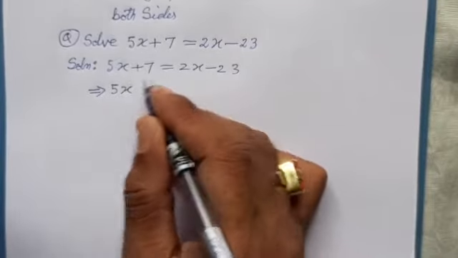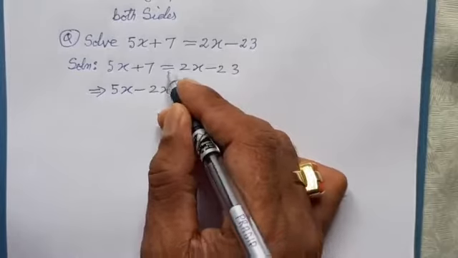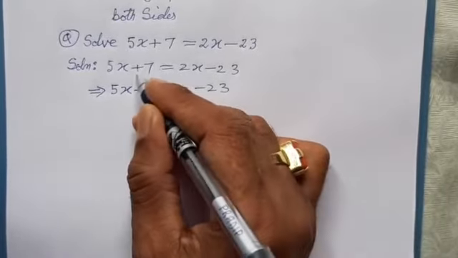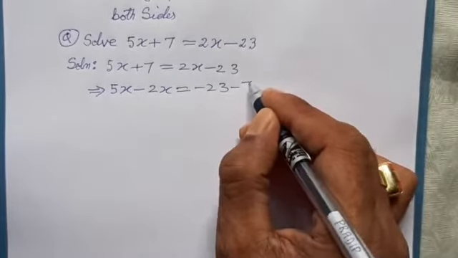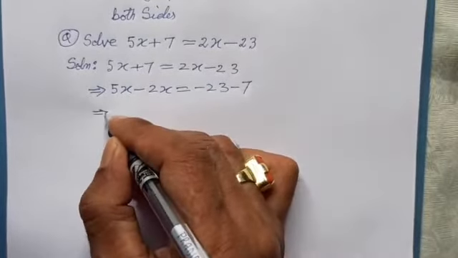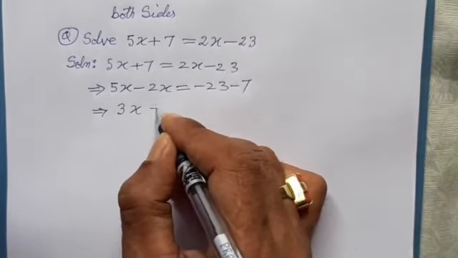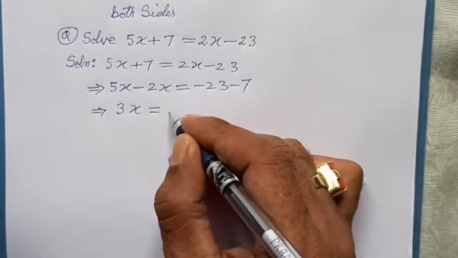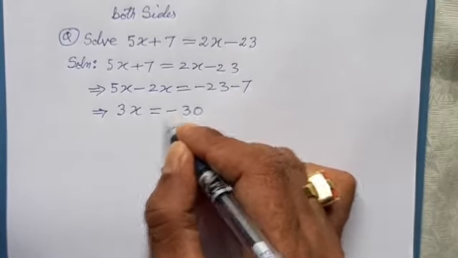If 2x is transposing to the other side, the sign is changed. Minus 2x. Then the equal to sign. Then this number, minus 23. If plus 7 is transposing to the other side, the plus sign is changed to minus. So minus 7. Next step. 5x minus 2x, if we subtract, we get 3x is equal to minus 23 minus 7. The signs are the same, so if we add together, we will get minus 30.